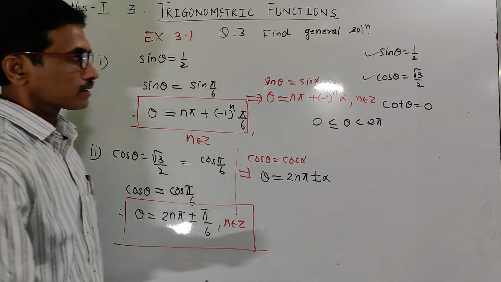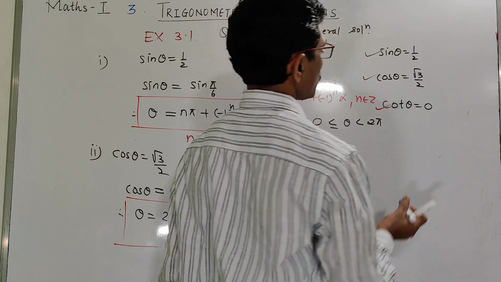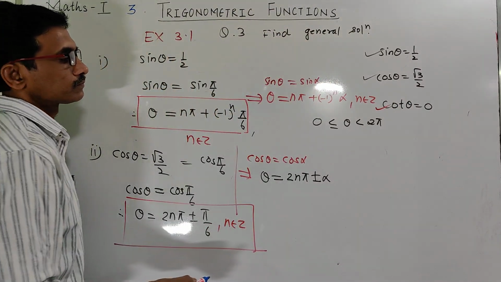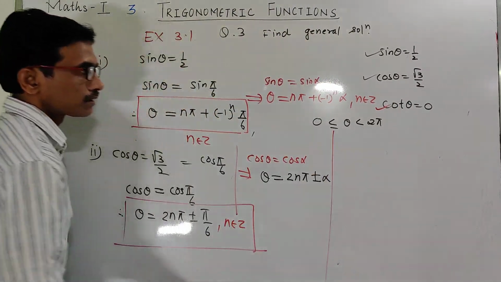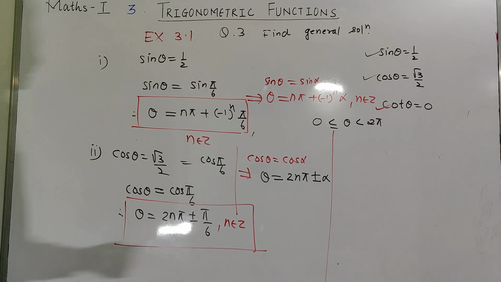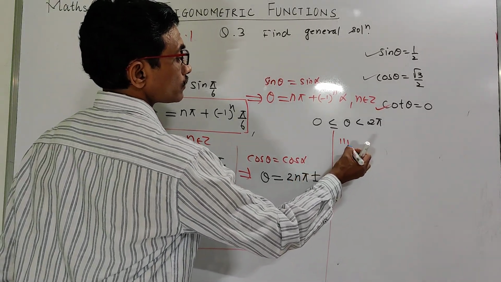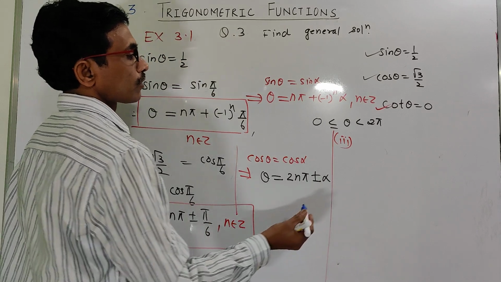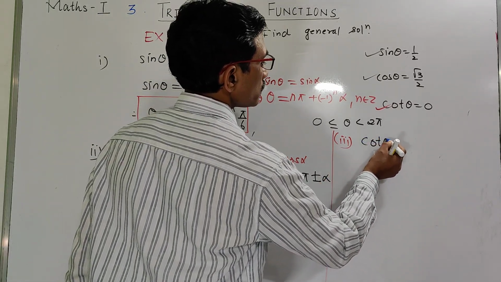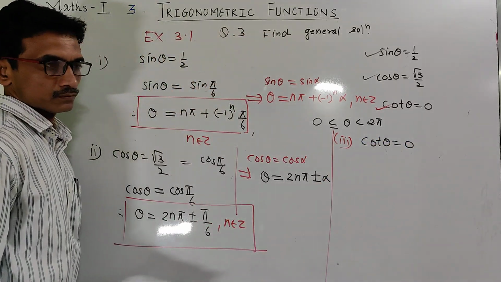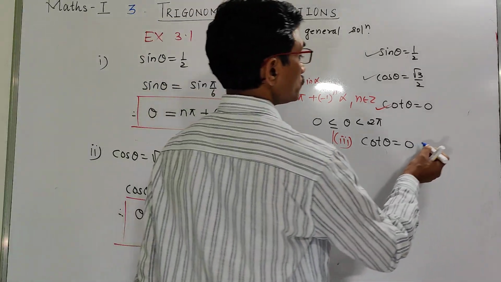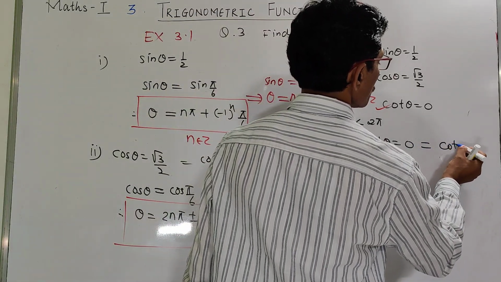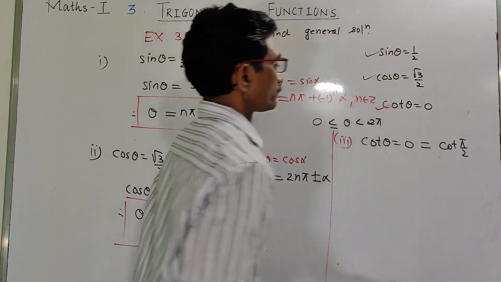And the next one is cot theta is equal to 0. See, the third one, that is cot theta is equal to 0. You know, cot of pi by 2 is 0.